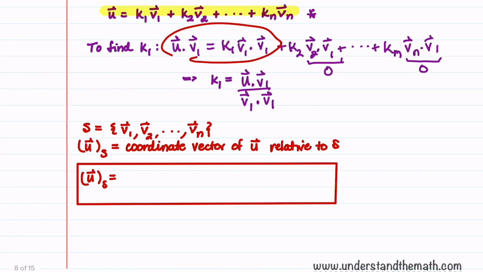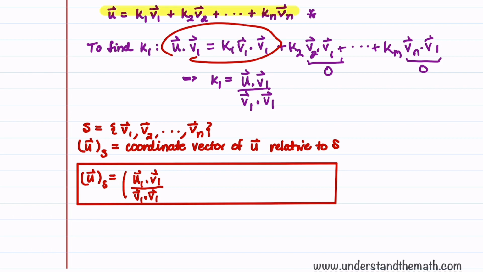Let's now summarize what we found. Our basis vectors are equal to V1 all the way up through Vn, and we've denoted our basis by S. U sub S is our coordinate vector of U relative to S, and that coordinate vector is equal to U dotted with V1 divided by V1 dot V1.